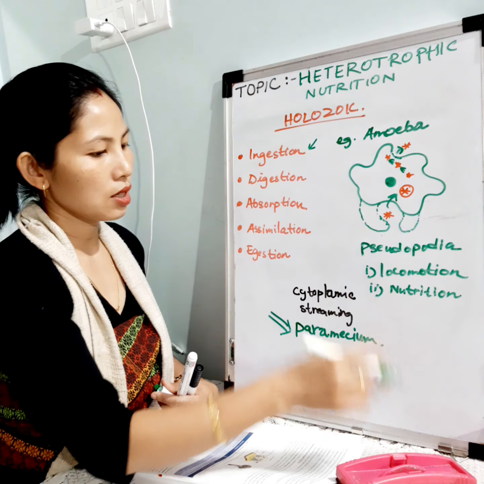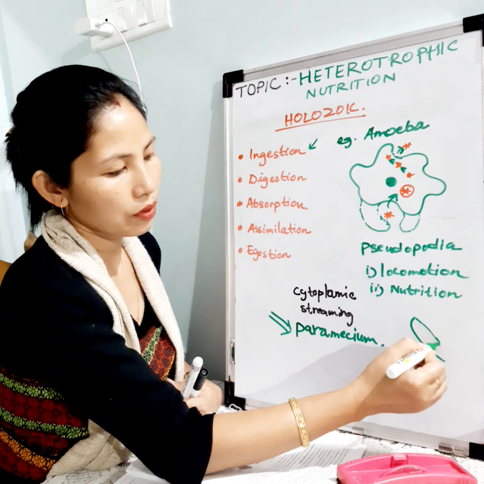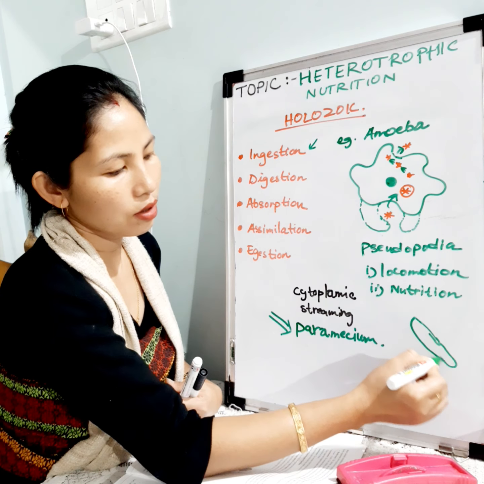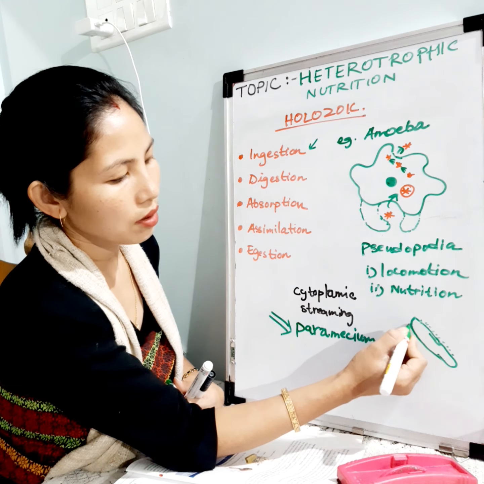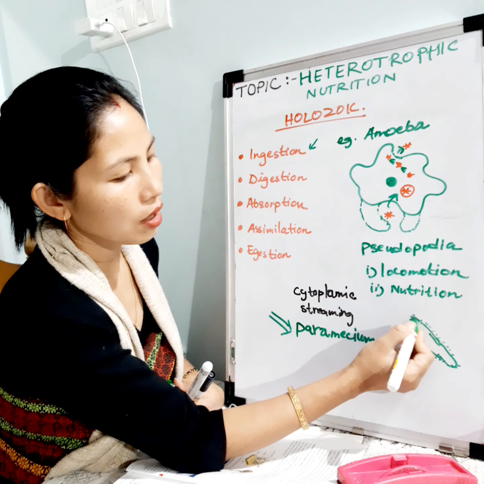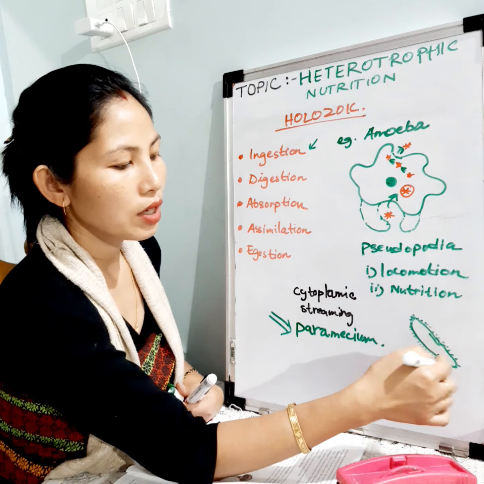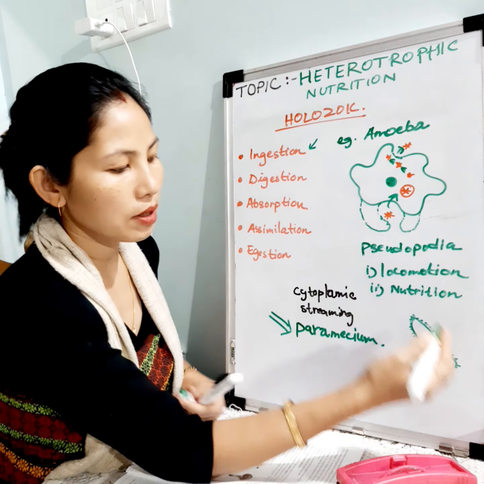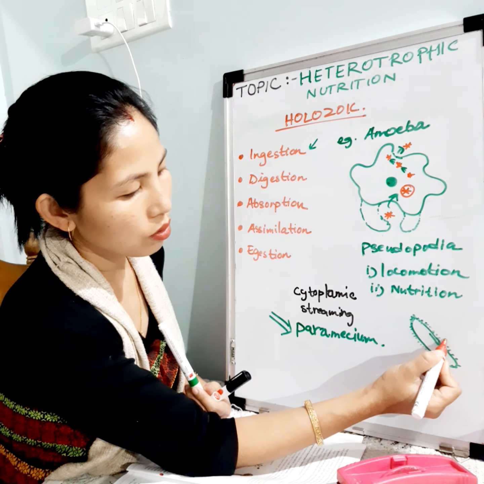Rather it has a kind of oral groove, and it has cilia all over its body, which are small hair-like outgrowths. Due to the movement of cilia, the food particles will move in and around their body, and through this oral groove.